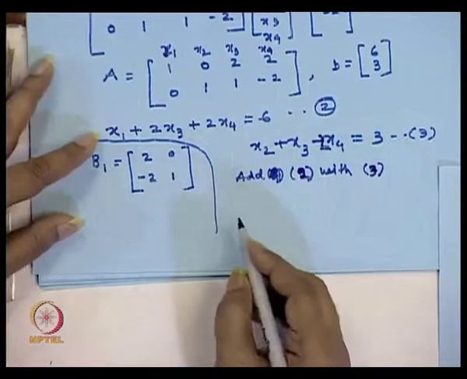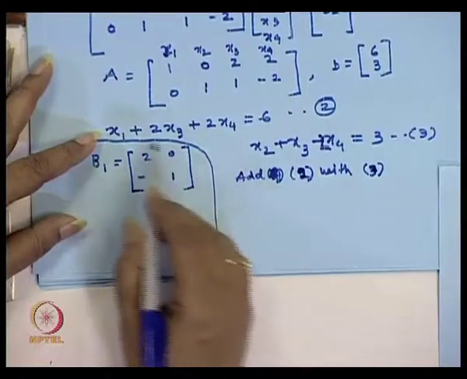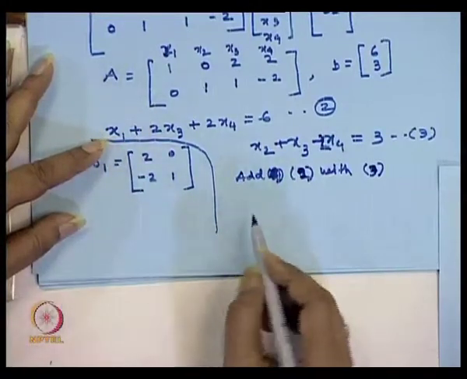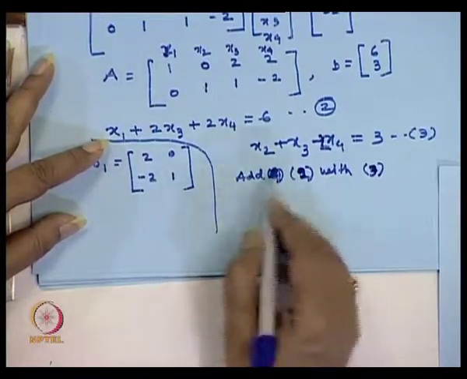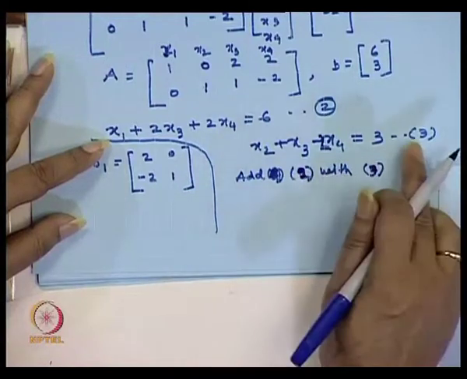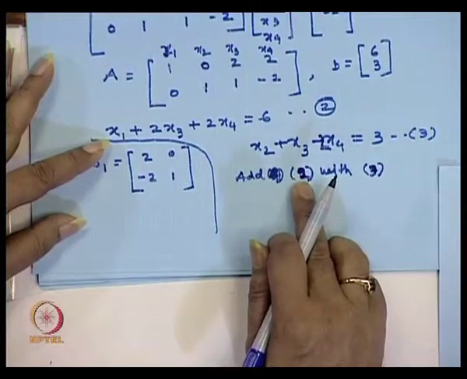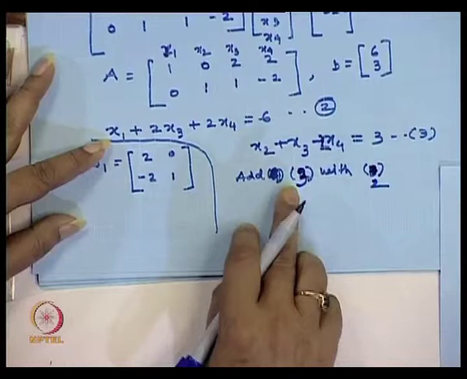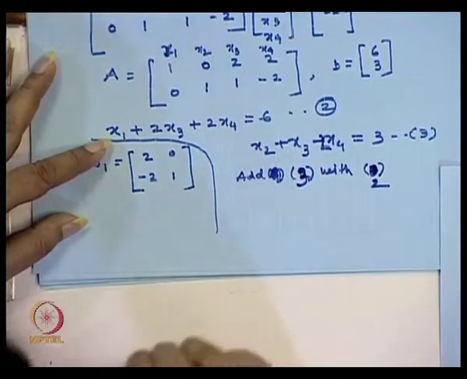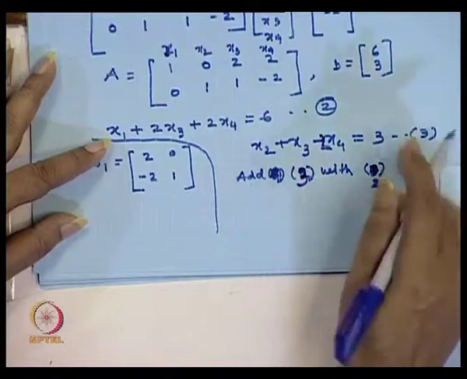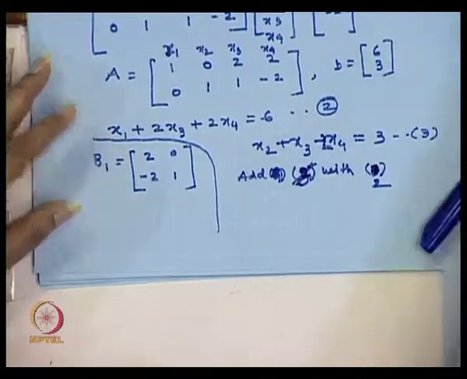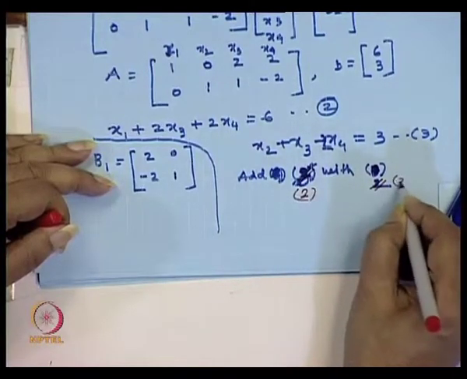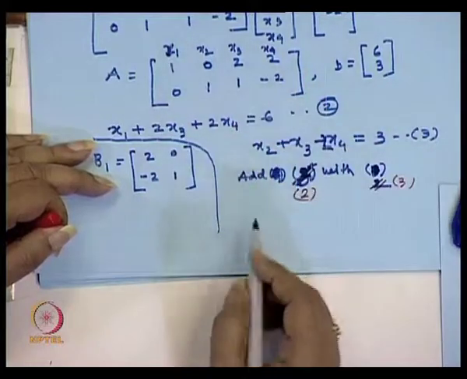Then if you add it, what are you getting? Add equation 2 with equation 3, that means with this equation you add that one.